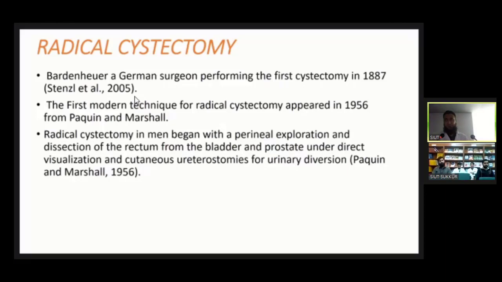Radical cystectomy is the gold standard for muscle invasive bladder cancer, while neoadjuvant chemotherapy followed by cystectomy, the different data and literature suggest, is comparatively better, and 5-year survival is better in patients who received neoadjuvant chemotherapy. Is there any chance of disease progression during the period of this neoadjuvant chemo?